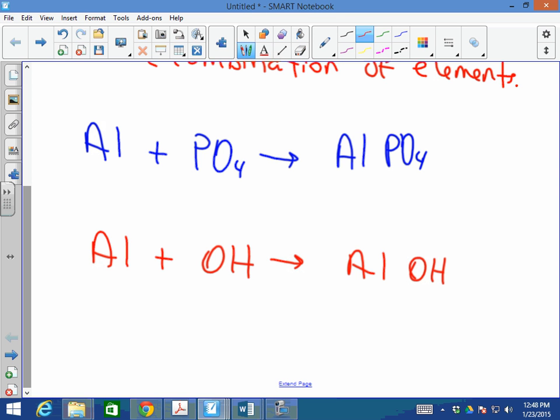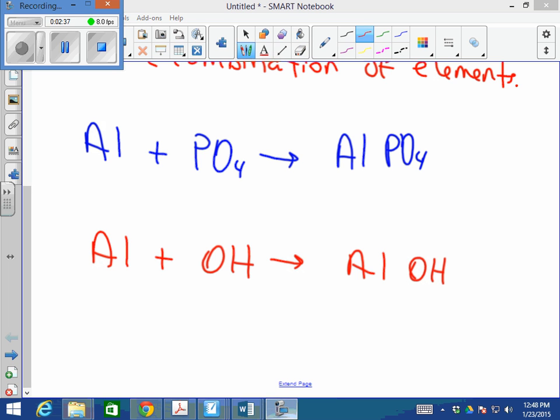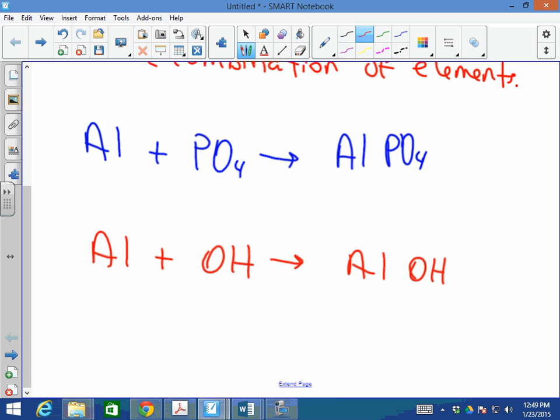However, the charge of aluminum, as we know, is 3. The charge of hydroxide is 1. Therefore, what's going to happen is the 3 will go to the OH. This equation is not yet balanced. Let's continue here and do a 3 here. And now we're balanced.